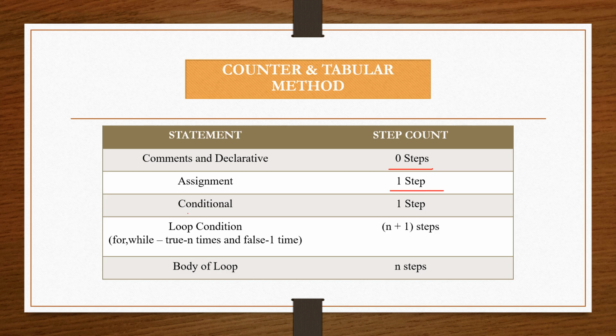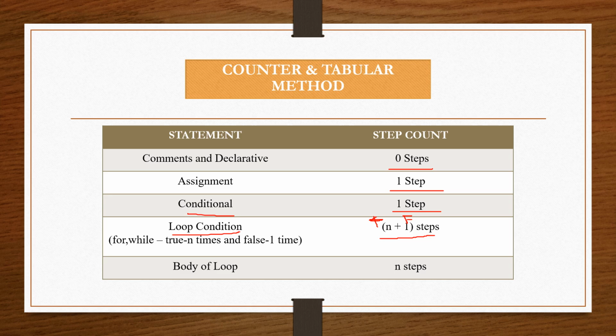If there is a conditional statement, then also 1 step. If there are loops, maybe a for loop or a while loop, then n+1 steps. This n is for the true condition and this 1 is for false. Anyhow, we will be checking the condition n times and at least once it will go false. So that is why for true it is n and for false it is 1.